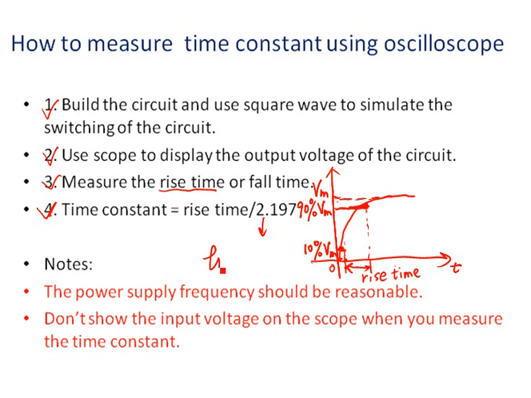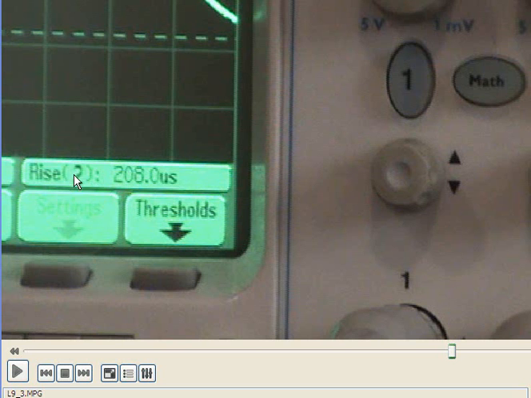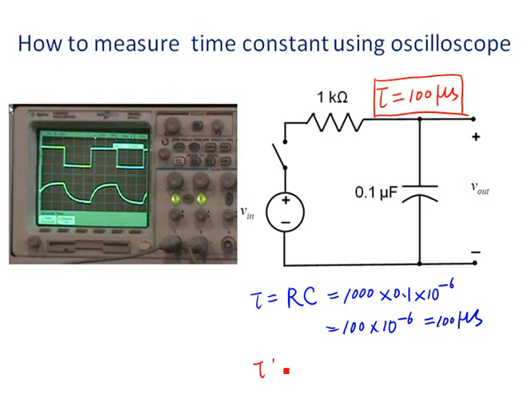So natural log 9 is 2.197. The rise time is 208 microseconds. Time constant should be rise time divided by natural log 9. So we can calculate it is 95 microseconds.